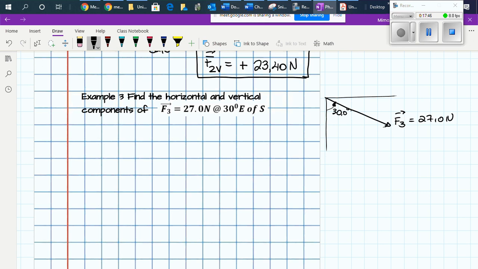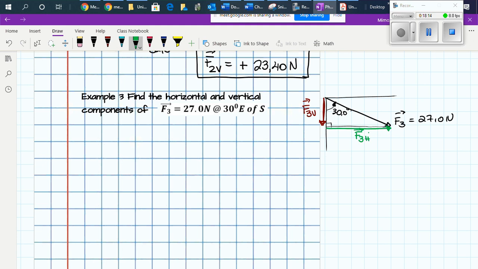Let's find the horizontal and vertical components. So create the right angle triangle with the given angle. Whatever is on the vertical will be the vertical component, so this is F3 vertical, and whatever is on the horizontal will be the horizontal component, F3 horizontal.